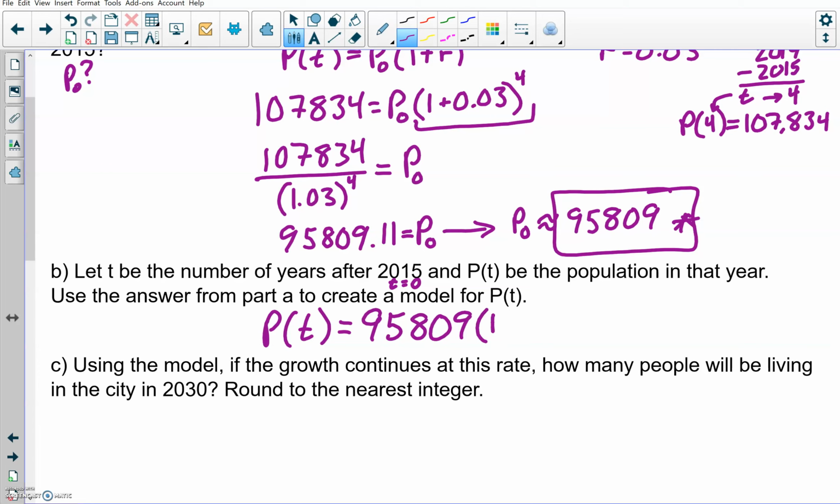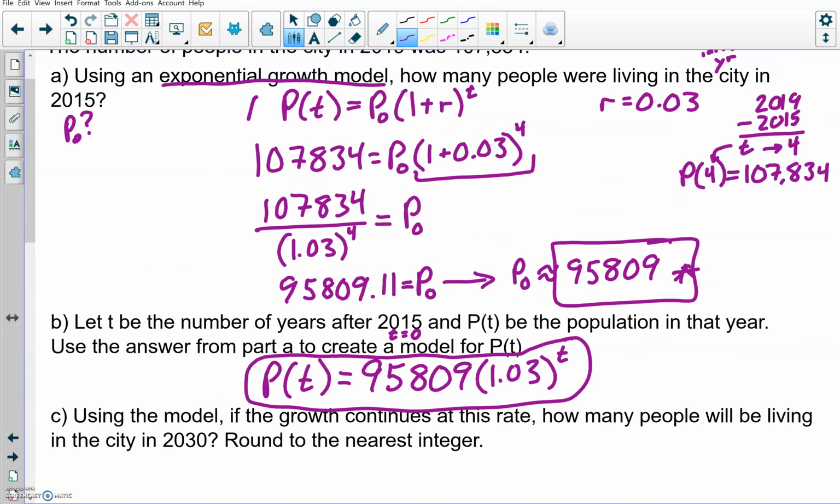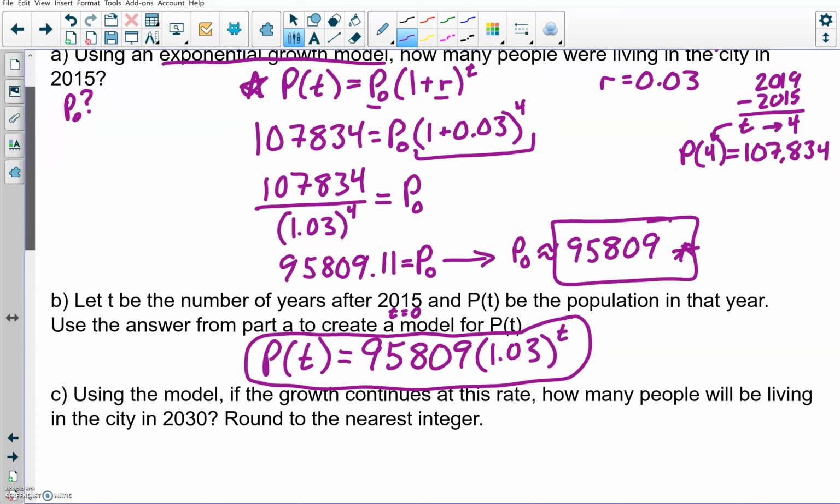And then I'm going to have 1.03 to make things a little nicer, raised to the T power. So you use what you found in part A and the formula's general form, plug in the P0 that you found and the R that was given. And now you have a model. I can plug in any T and it'll tell me how many people will be there after so many years.